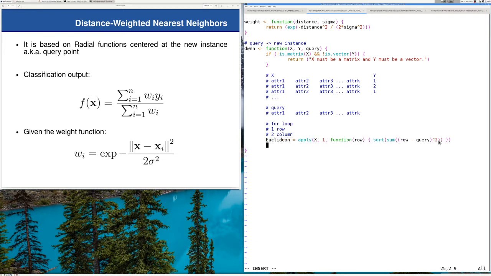What am I going to do with the Euclidean distance? Assess the weights. Verify which are the weights for those distances. But of course, someone has to provide some sigma for me over here. And that's the sigma I will provide for the Gaussian function here. This will result in weights.